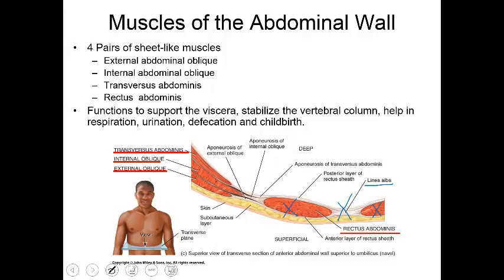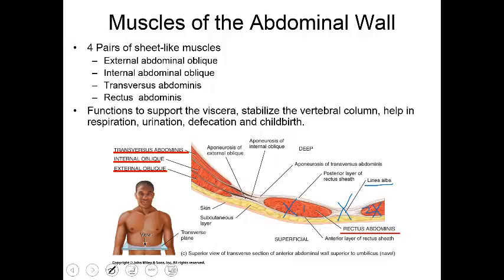Any muscle that's parallel to the median is referred to as a rectus muscle. And abdominis for the abdominal region. So what you're seeing here, this one and this one, are the rectus abdominis muscles. You have 4 rectus abdominis muscles on either side of the linea alba. So in total, we have 8 rectus abdominis muscles.